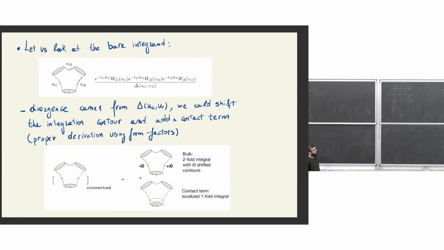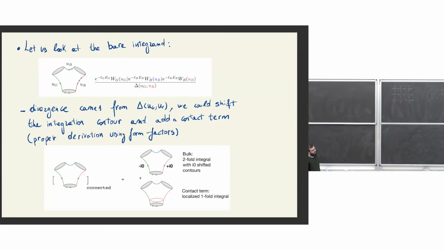So the idea, which is very complicated, and I'll try to skip and just present a feeling for it, is that in this integration you want to deform the contour of integration by adding some i0 prescription. So you shift the two contours a bit, and by doing so you're able to construct something which is actually finite, and then you have some contact term which is one fold less, so you need to modify your integrand.